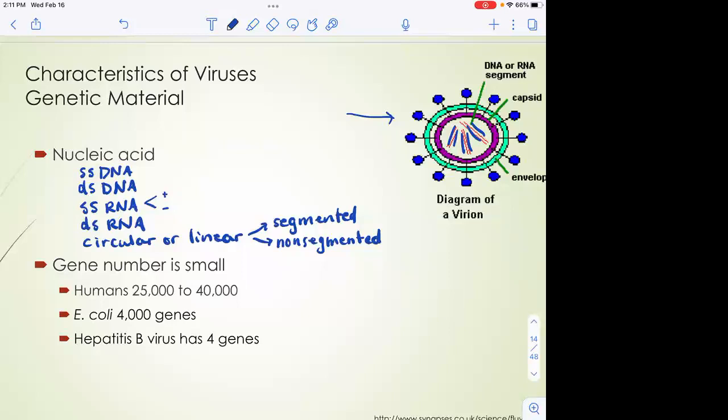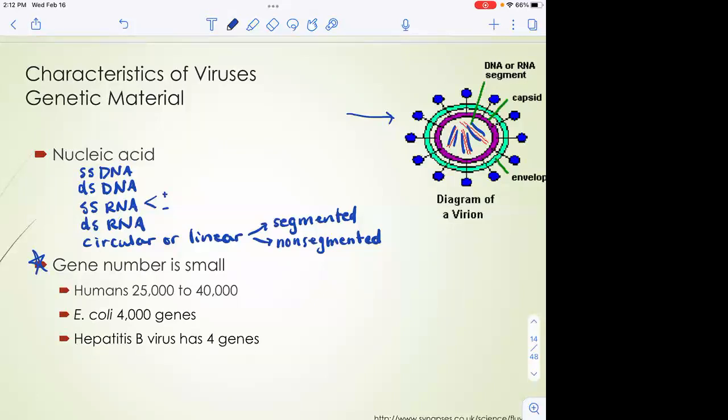What do we know about the number of genes? It's pretty small. So how small is it? In humans, we know that there's somewhere between 25,000 and 40,000 genes. Before the Human Genome Project, we thought it was more like 100,000 or 200,000. So that was kind of a surprise. We can't say exactly, because just from knowing the sequence we can't know exactly what makes a gene up.